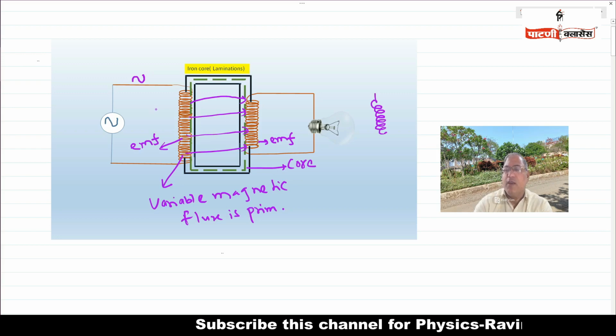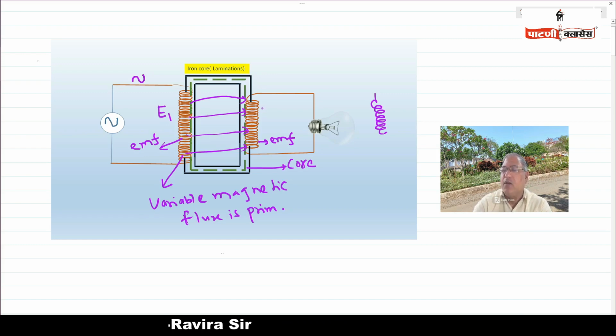So we want to find one equation for how much EMF is produced in the primary coil, and one equation for how much EMF is produced in the secondary coil. Let us say E1 is the EMF produced in the primary coil and E2 equals the EMF produced in the secondary coil.